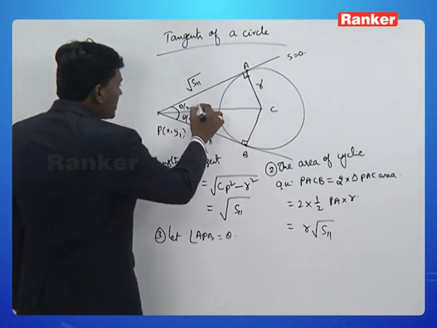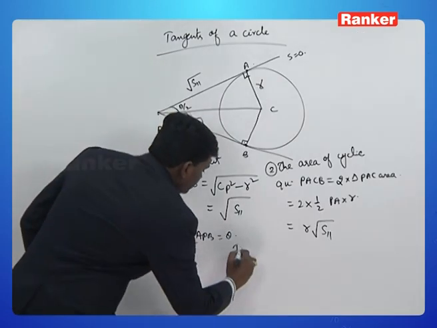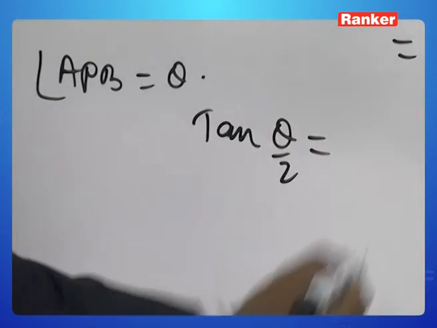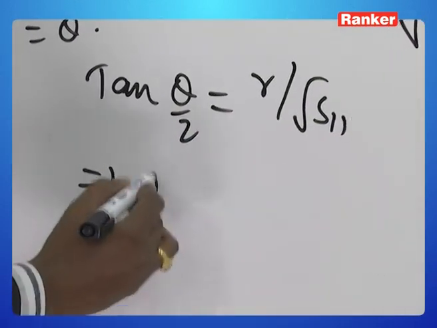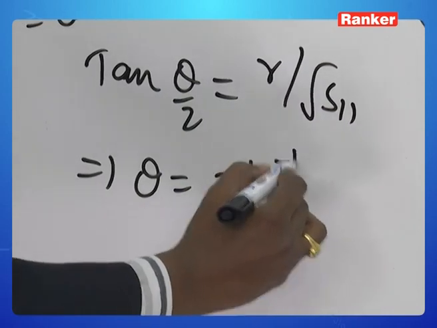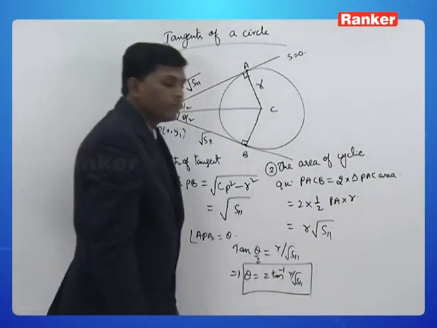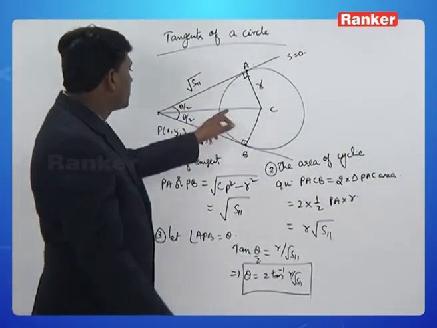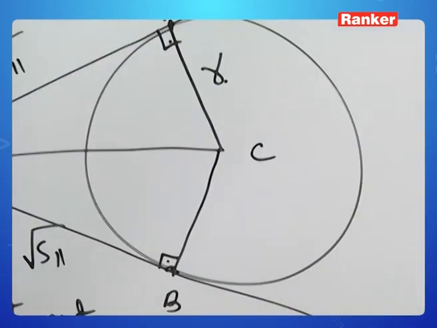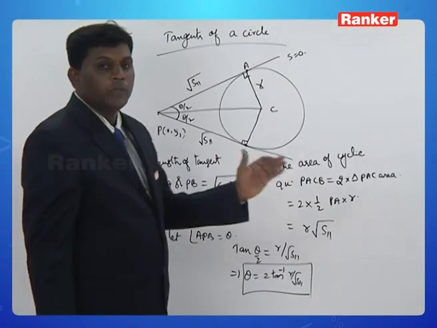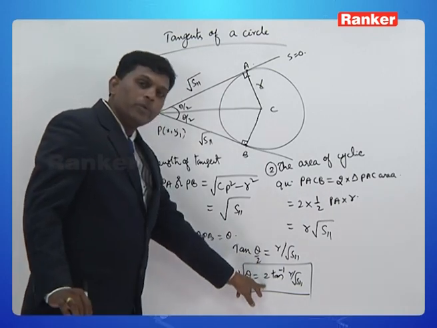Now, in this diagram, opposite is r, adjacent is root S11, applying tan theta by 2 equals opposite r by root S11. From this, theta can be calculated as 2 tan inverse r by root S11. This is another very important point to be noted in this diagram, a very useful formula for solving many types of locus conditions especially. We will discuss all this while doing problems.